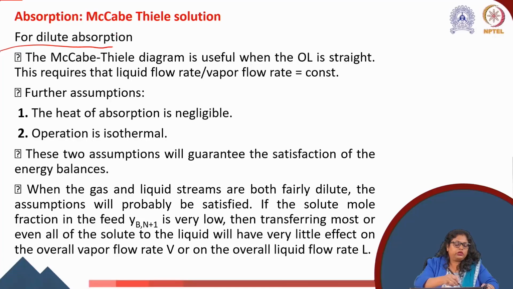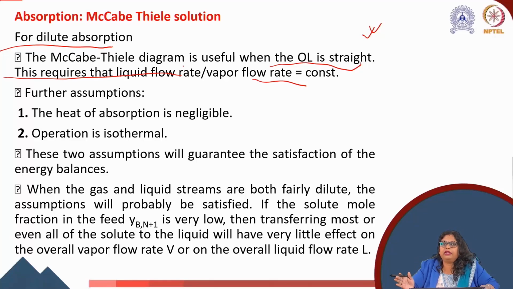For dilute absorption, the McCabe-Thiele diagram is useful when the operating line is straight. The operating line is straight in the case of dilute absorption, which requires that liquid flow rate and vapor flow rate are constant along the tower on the different plates.